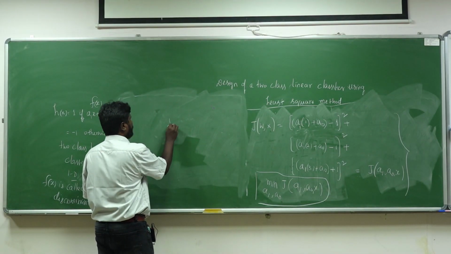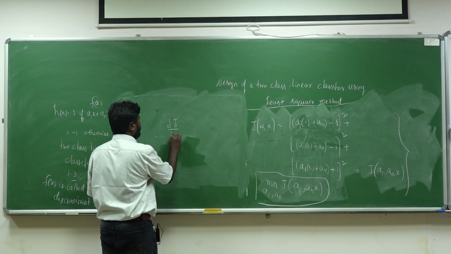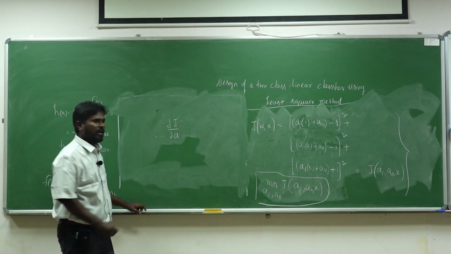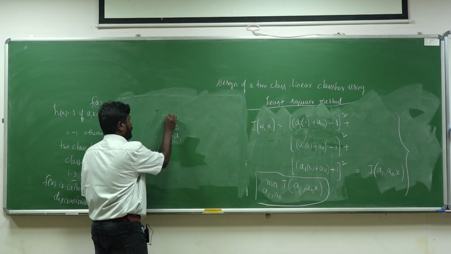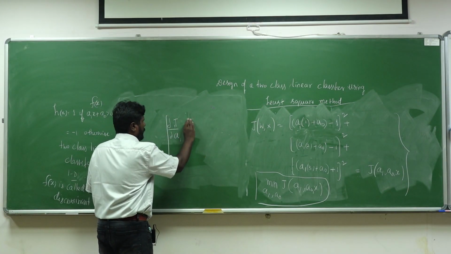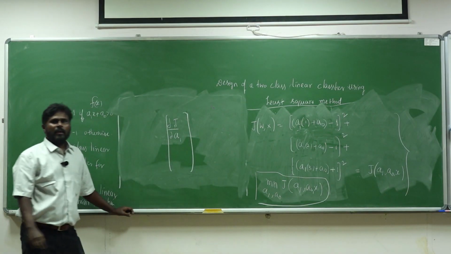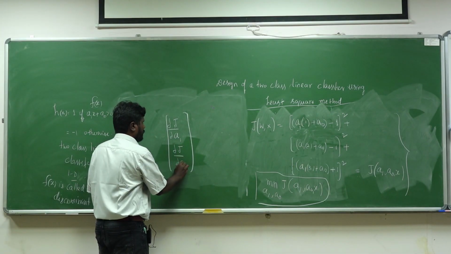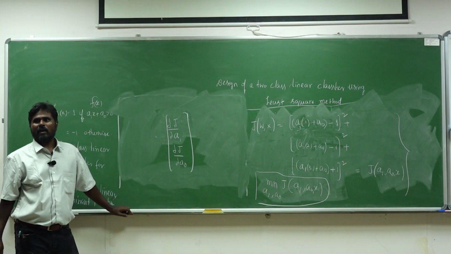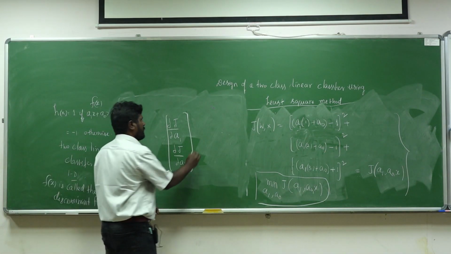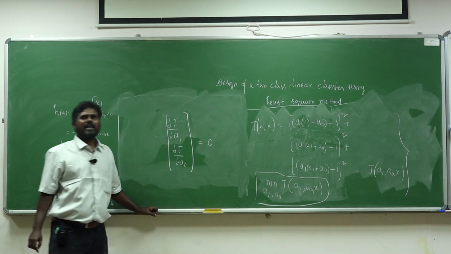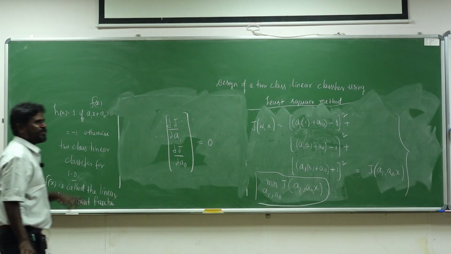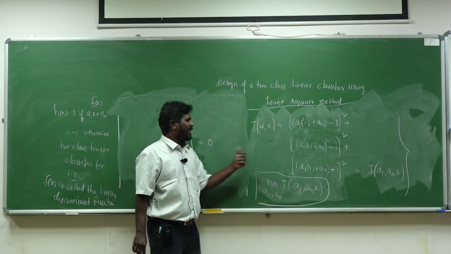We take the partial of J with respect to a1, and the partial of J with respect to a0, and then equate to 0. What we have taken here is the gradient of this function, and we have equated it to 0.